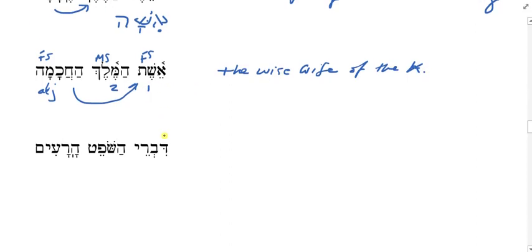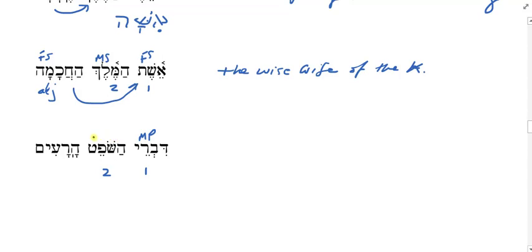Now, let's look at the next one here. I have Divrei Hashofet Haraim. Say that with me. Divrei Hashofet Haraim. Here's my thing one, thing two. Construct chain, construct absolute. Divrei is what gender and number? Look at the sere yod. That's the plural construct ending. What do I usually see that as? Masculine plural, yes.